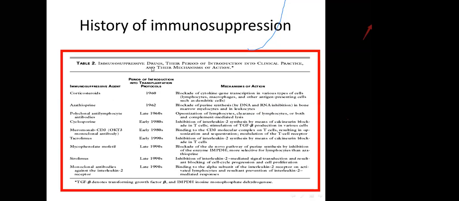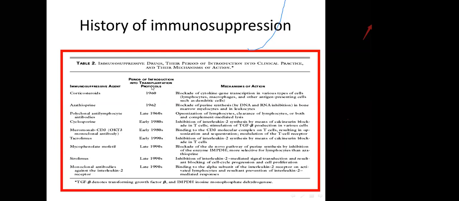This is the history of immunosuppression. I will summarize rapidly. First of all, we have corticosteroids in 1960, and then azathioprine was created in the early 60s. So any transplantation at this time was made by dual immunosuppression, corticosteroids and azathioprine, and this was associated with around 75% rejection.